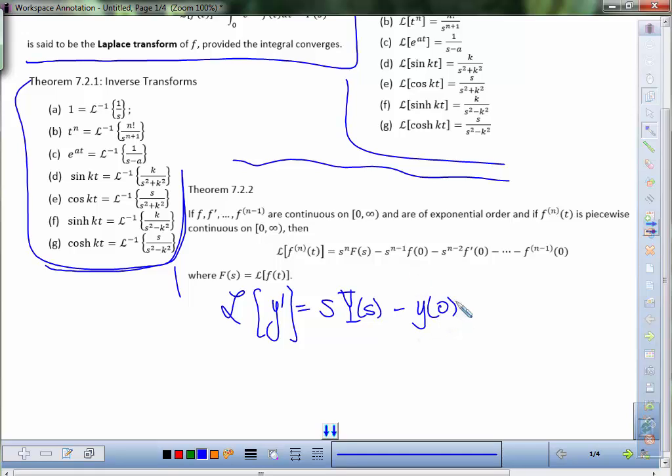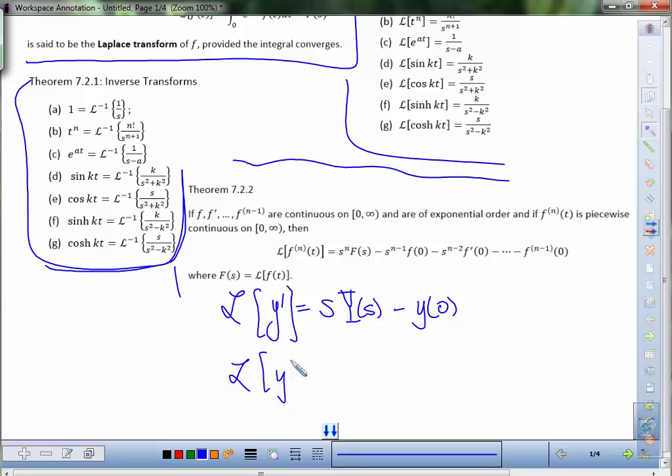Sorry. So it's information about your initial conditions, and for easiness sake, we'll just have our starting point at 0. We'll have our initial conditions start from 0.